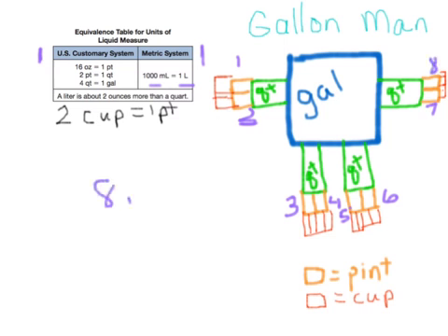So 8 pints equals 1 gallon. Okay, and then the red rectangles are cups. It's kind of hard to see on some of these, but each pint equals 2 cups. So there would be 16 cups in a gallon.